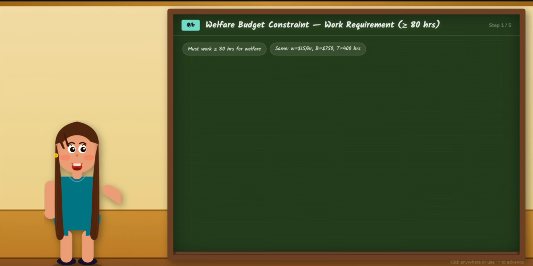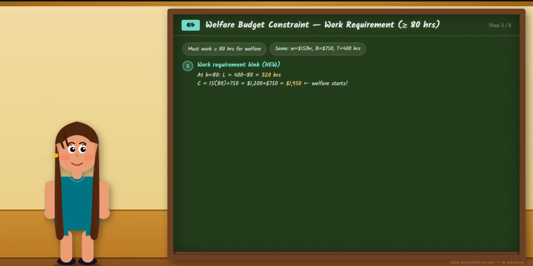Part B of question 1 adds a work requirement. She must now work at least 80 hours per month to receive the welfare benefit. This creates a second discontinuity in the graph. Starting from the right, if she works fewer than 80 hours, more than 320 hours of leisure, she does not qualify for welfare.